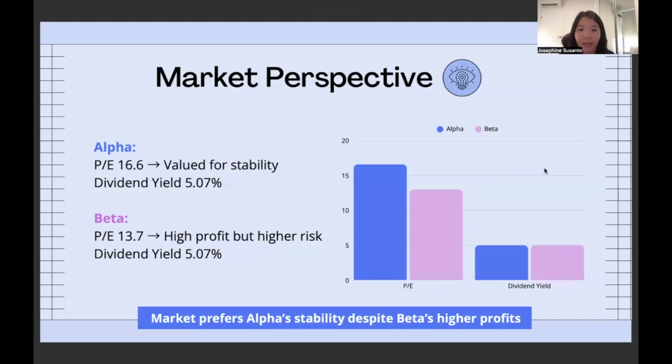Finally, from the market perspective, Alpha has a higher price to earnings ratio, about 16.6, compared to Beta's 13.7. This suggests investors value Alpha's stability and lower risk, even though Beta earns more. Both companies offer the same dividend yield, about 5%, but Alpha is seen as the more sustainable option.